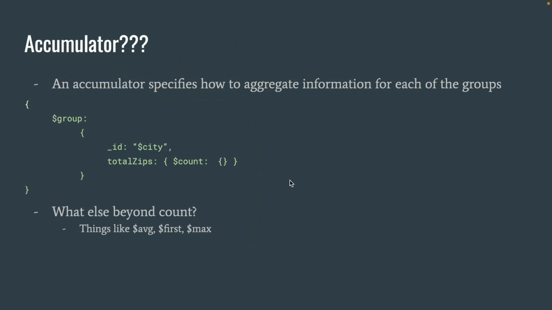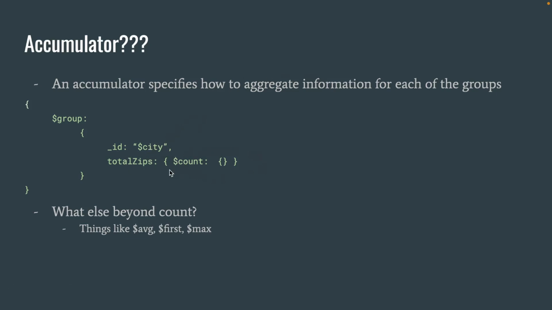So in this example, let's say I have a collection that has an entry per zip code, and each zip code has its city. And so I can group by the cities and then count how many entries per city there are. And so that way I can find out how many zip codes are in each city.